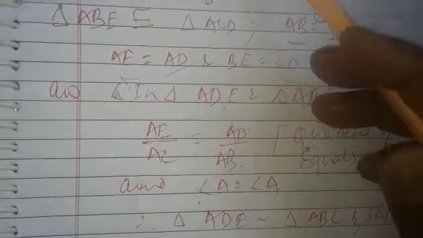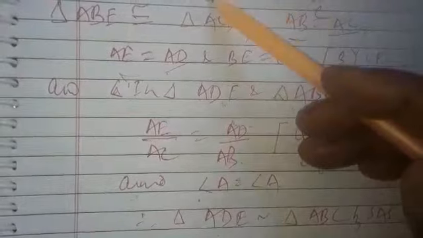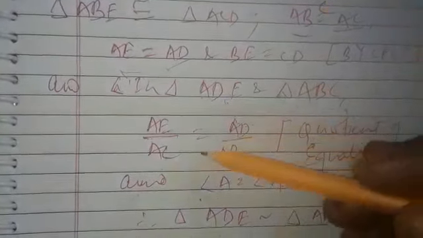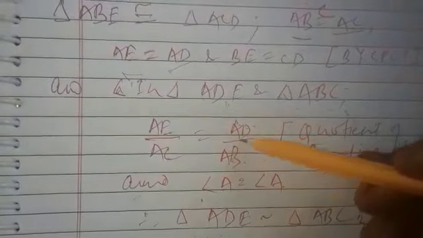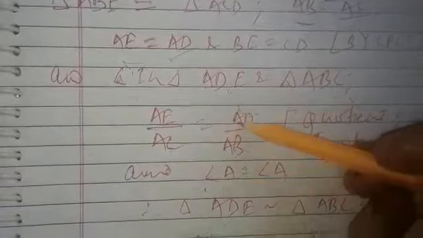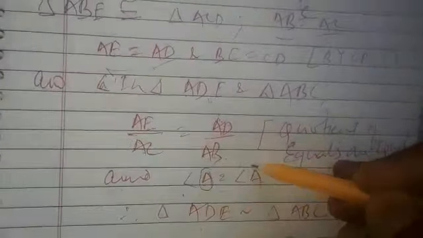We see that the ratio of AD and AB and the ratio of AE and AC are equal. It means that the ratio of two sides are correspondingly equal, and the angle which is included between these two sides, that is angle A in both the triangles.